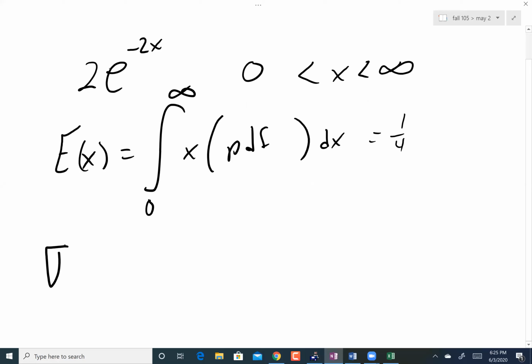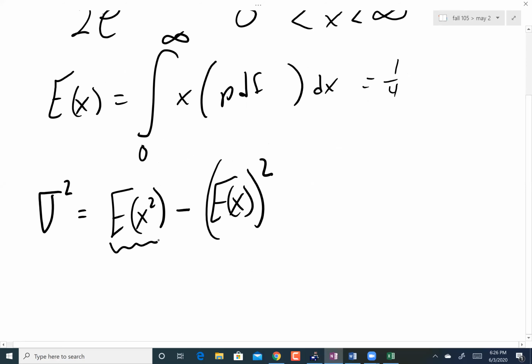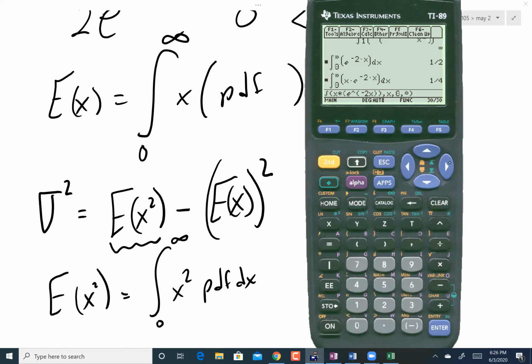What is the variance? Well, remember the variance is the expected value of x squared minus the expected value of x, squared. So to find this, it is simply the integral of x squared times your PDF from 0 to infinity. And the thing I love about the 89 is you literally just come in here, give it the old square, hit enter, and voila, maybe.